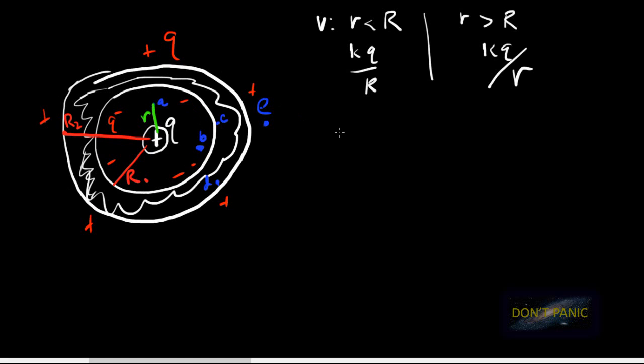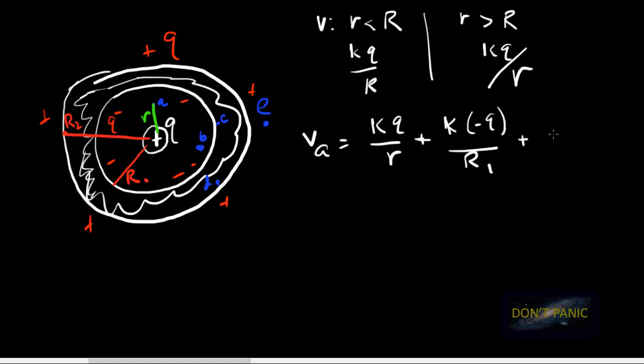Okay, so your potential at A is going to be the contribution of the point charge, which is kq over r, plus the contribution of the inner shell, which is going to be k times negative q over R1, and the contribution of the outer shell, which is going to be kq over R2.